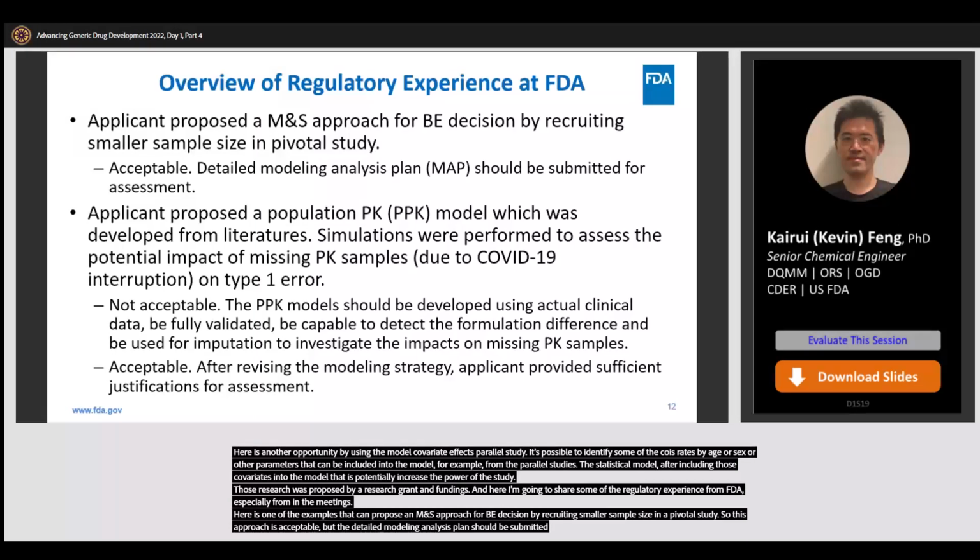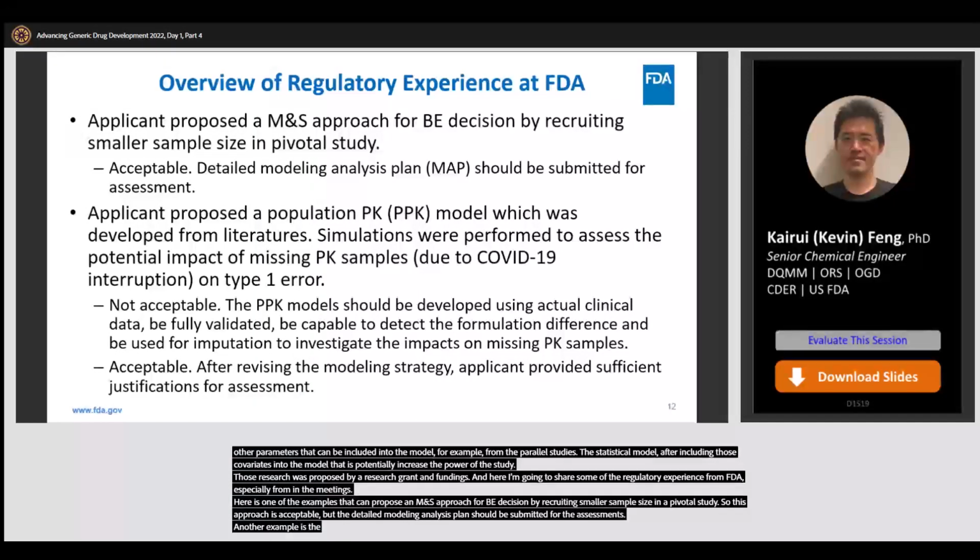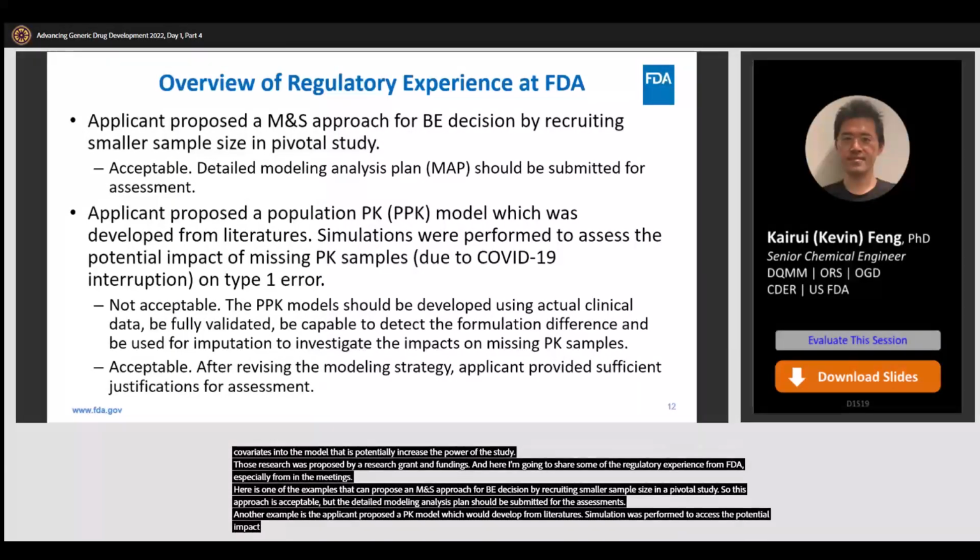Another example is the applicant proposed a population PK model which was developed from literature. Simulation was performed to assess the potential impact of missing PK samples because of COVID-19 interruption. Some of the PK samples are missing for the long-acting injectables.